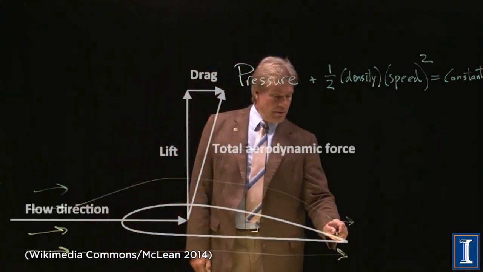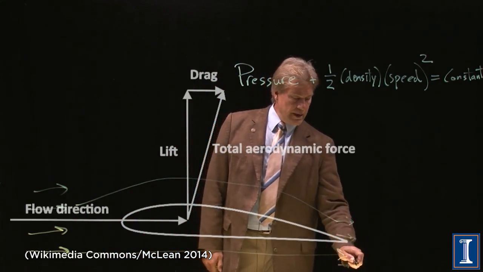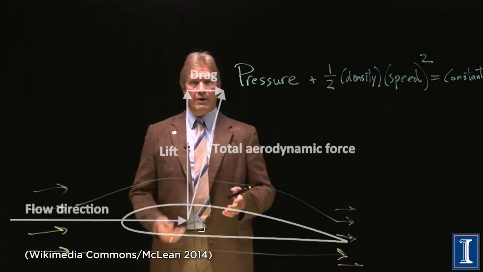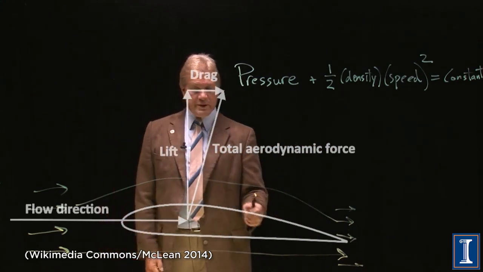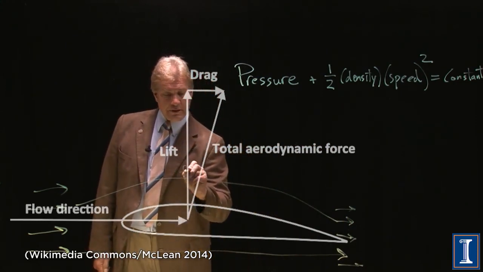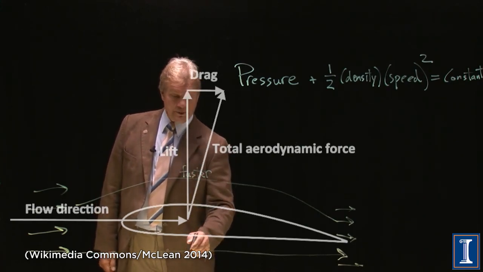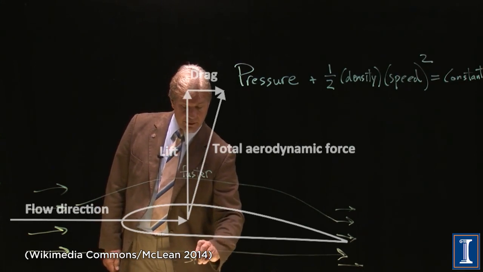At the end, all of this air has to stay together. You're not going to create a pocket of vacuum where there's no air at all. And the only way for this to happen is for this air to move faster. And this, of course, by comparison, will have moved slower.